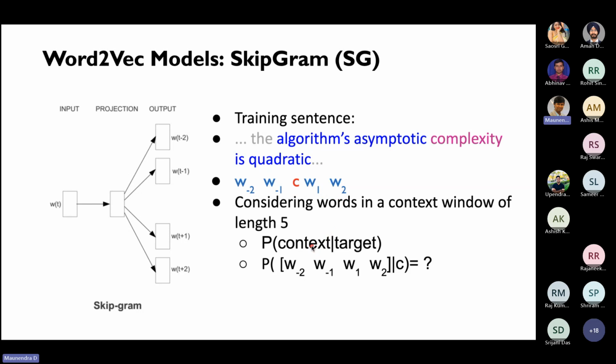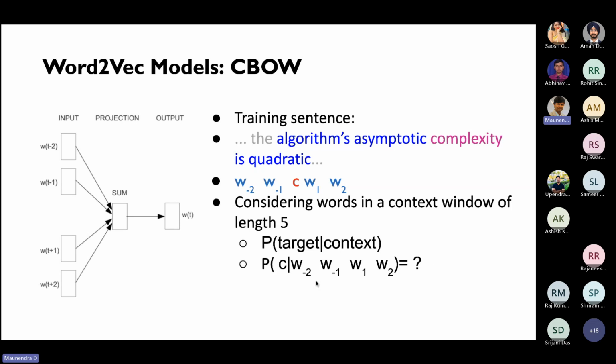We want the model to predict, given the target word, the other 4 words which are surrounding it. So can we come up with a model that will take the center word C as input and is able to produce these 4 words as the output? This is called the skip-gram model.